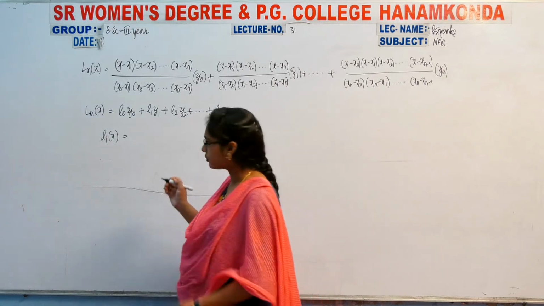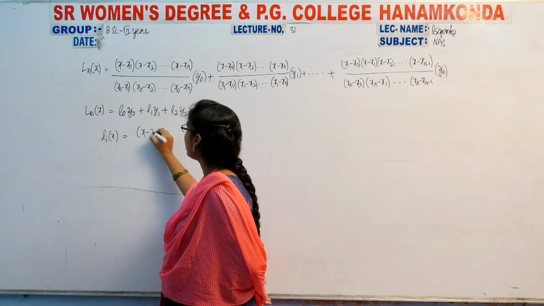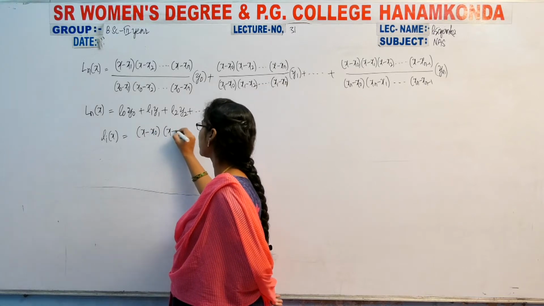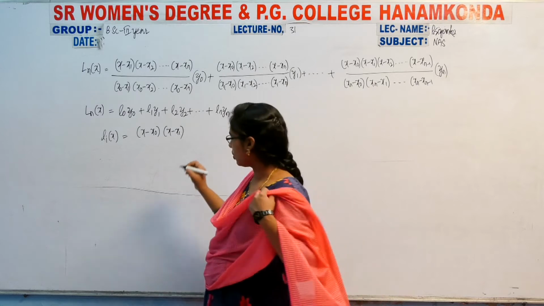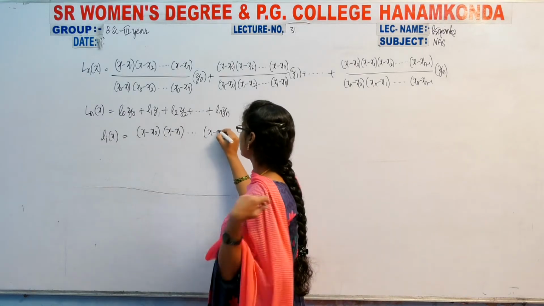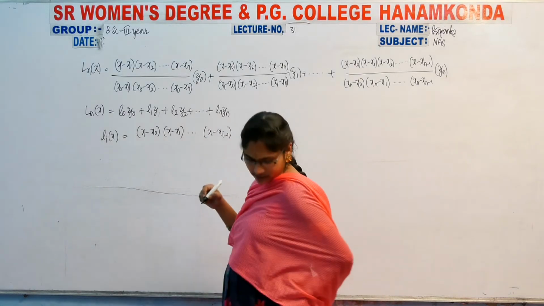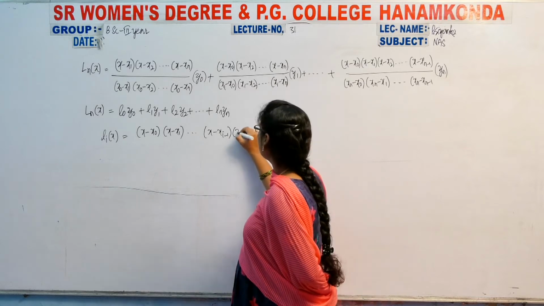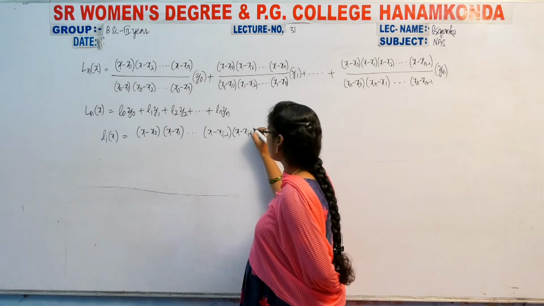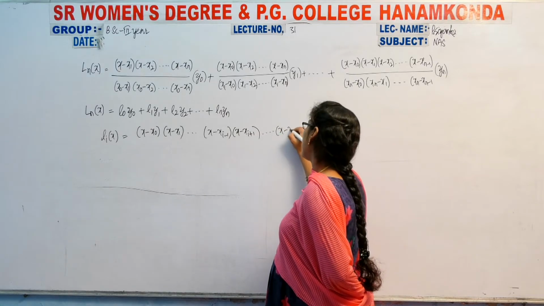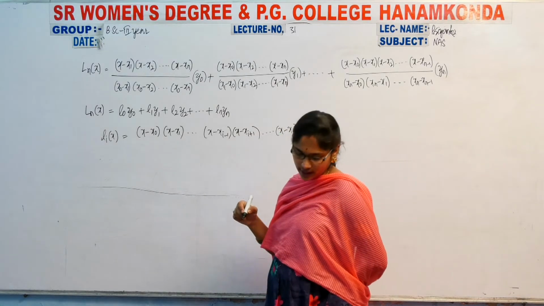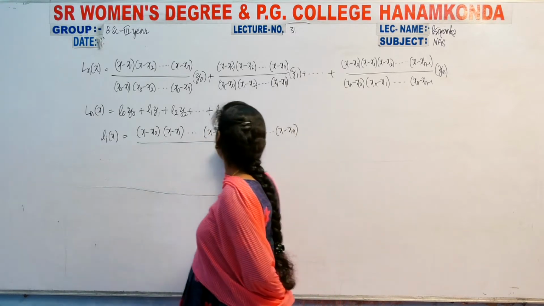What we have to get is x minus x naught, x minus x1, and so on, x minus xi minus 1, into x minus xi plus 1, into x minus xn, whole divided by the following.